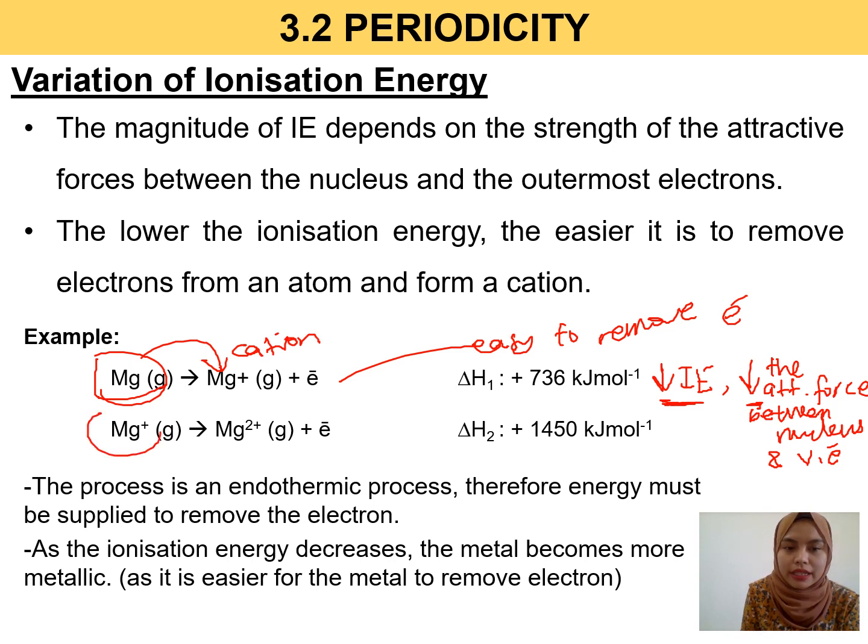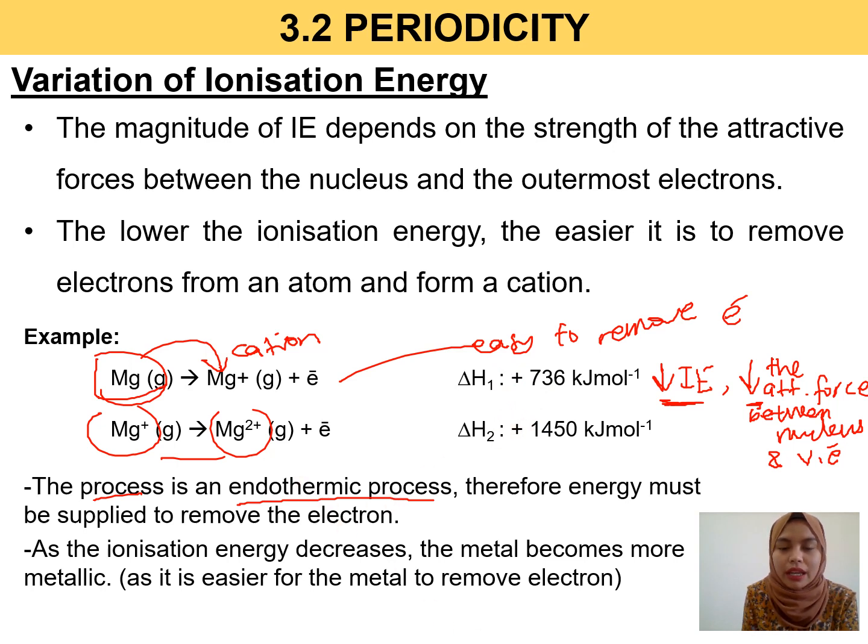For Mg plus, its ionization energy is high, that means it is difficult for Mg plus to remove an electron to form the cation Mg2 plus, okay. And the process actually is an endothermic process. Okay, why endothermic process? Because you see here, it has a positive sign for enthalpy. The enthalpy is in positive sign. So that's why endothermic.